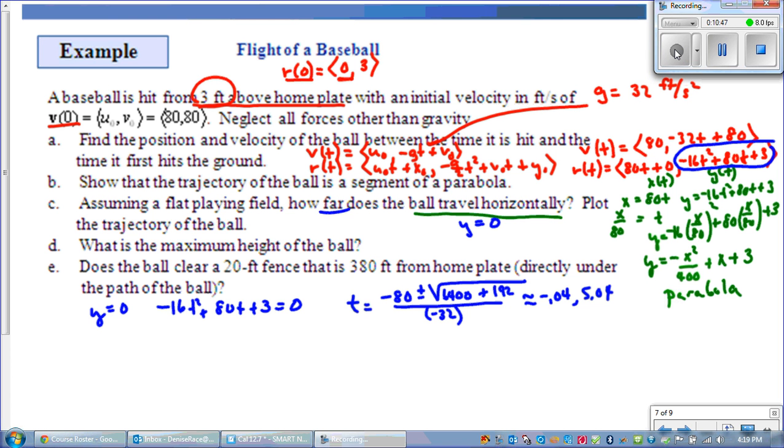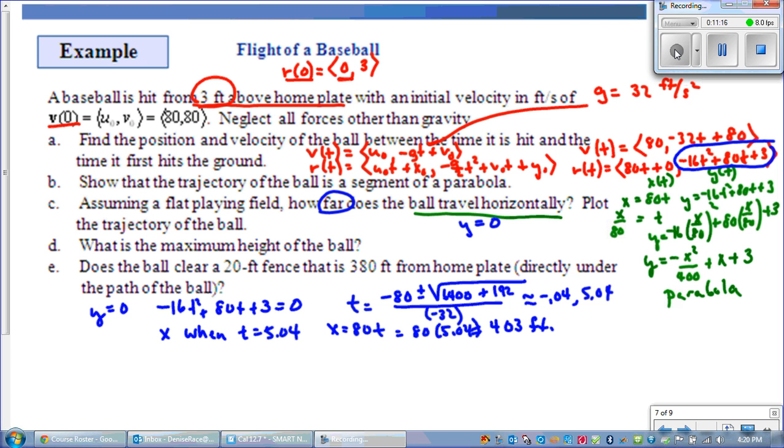So how far does it travel? We want to know the horizontal distance. So that's the x value. So x, when t equals 5.04, x is equal to 80 times t, which is approximately 403 feet.